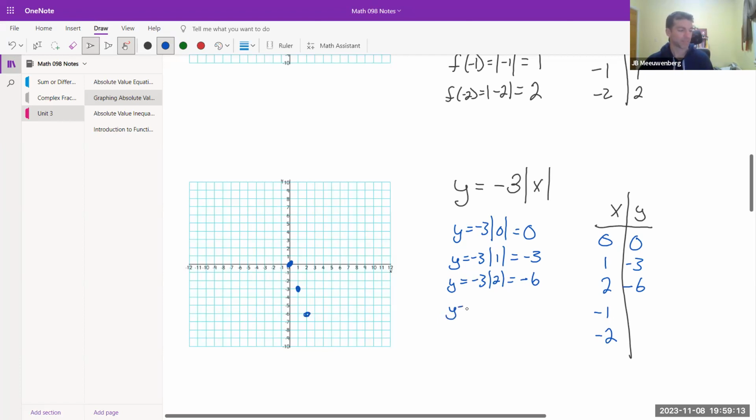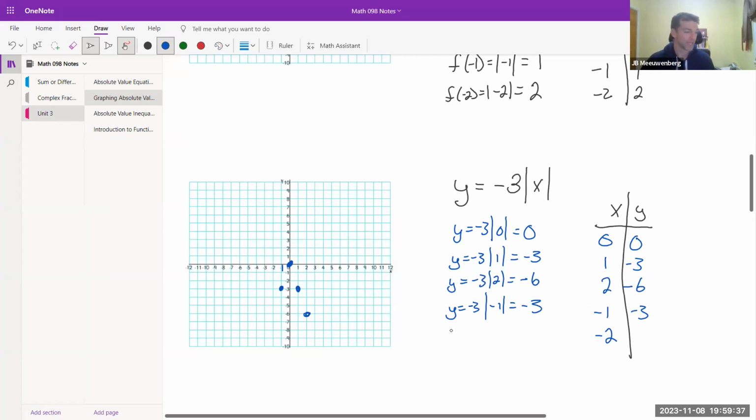Let's see what happens. -3 times the absolute value of -1. That's going to be the same thing as this one, because the absolute value of -1 is a +1. 1 times -3 is -3. So we get this same y value, but just on the other side of the y-axis.